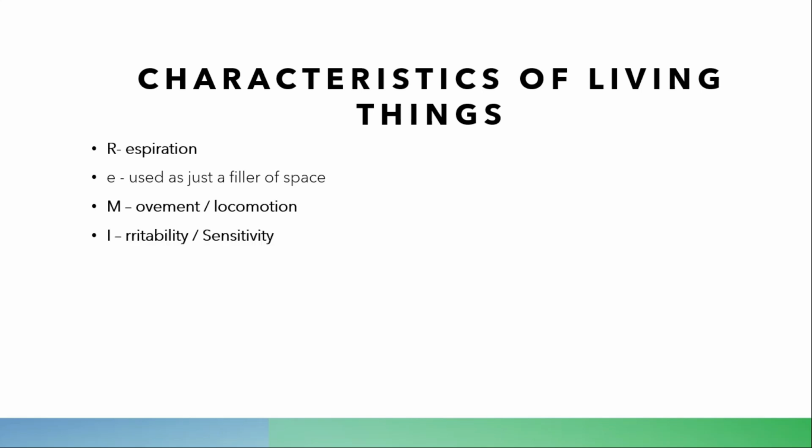I, irritability, sensitivity. N, I wonder if this means nutrition. D, development or growth, I think. Well, I think I'm figuring it out now. And I think the last one there might be excretion. Let me look at the other page to see what's happening.